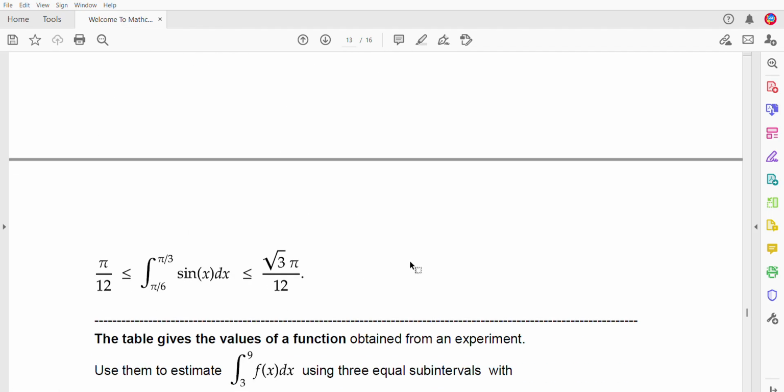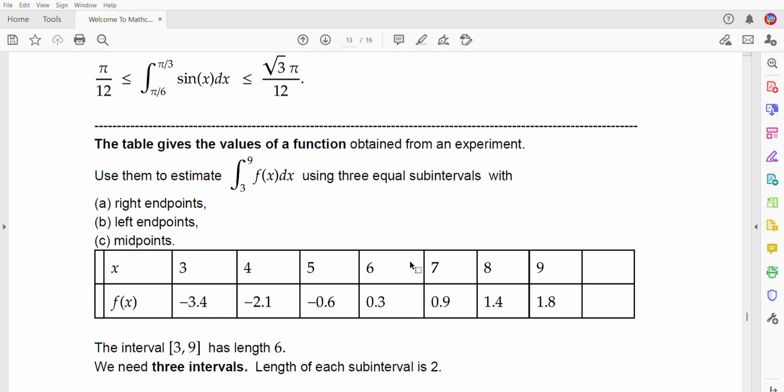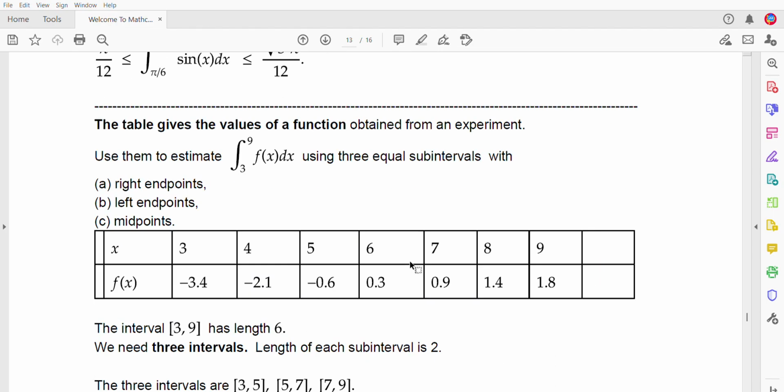Okay. Let's try one more problem. The following table gives values of a function obtained from an experiment. Use these values to estimate the definite integral from 3 to 9 of f(x) dx using 3 equal subintervals, using right endpoints, left endpoints and midpoints.